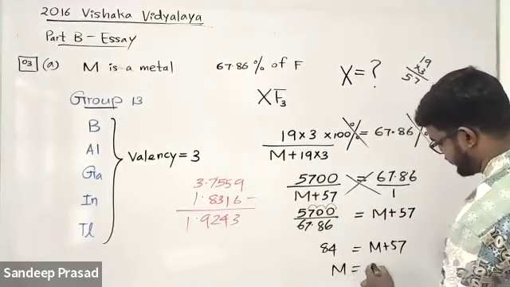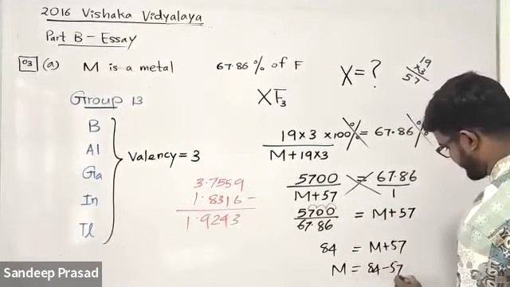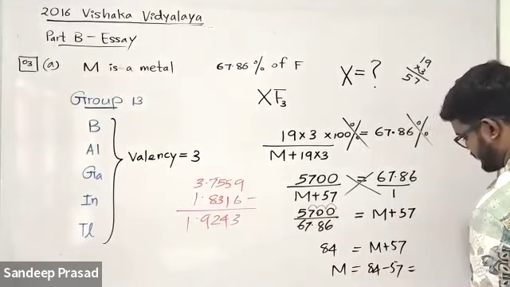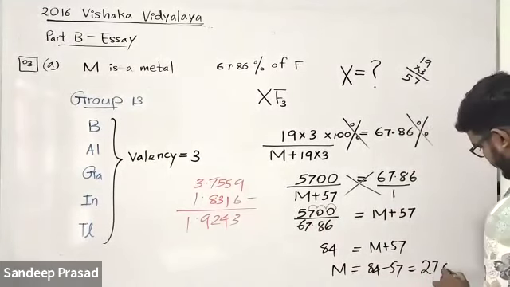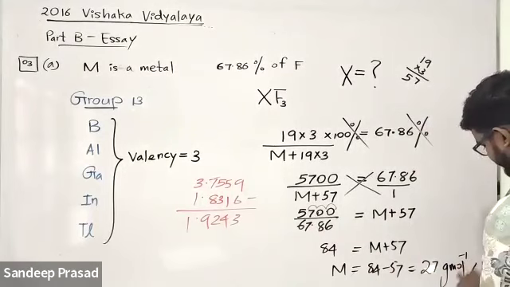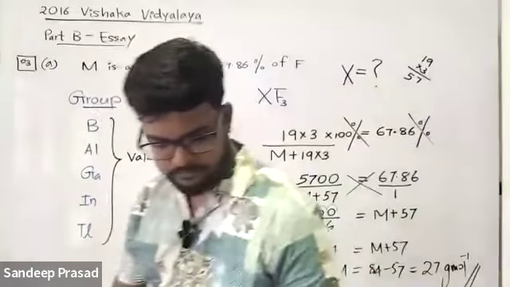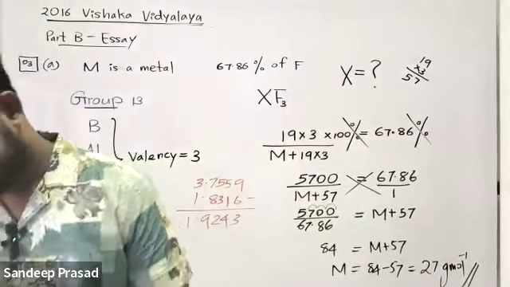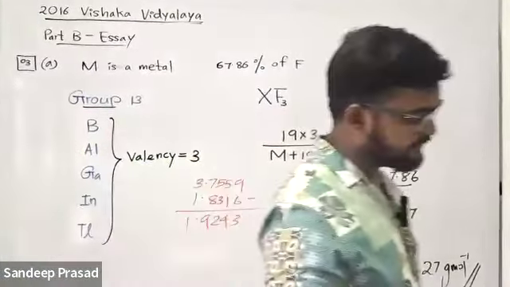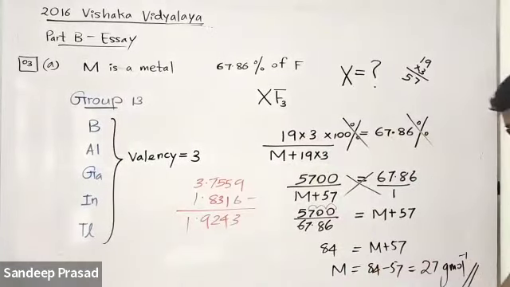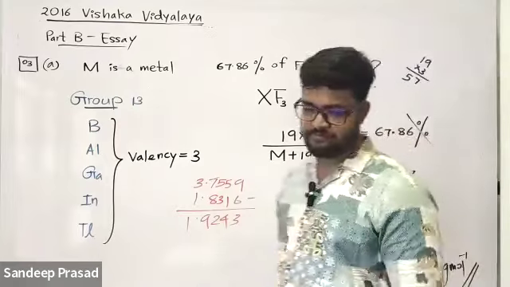Take the difference. 44 minus 57. What is the answer? 27. 27 grams per mole. Yeah, who is the element? Identify M giving reasons. 27 grams per mole is aluminium.